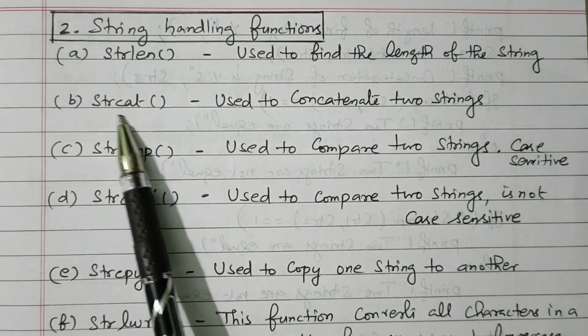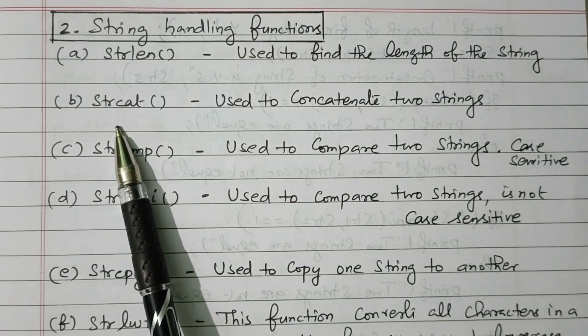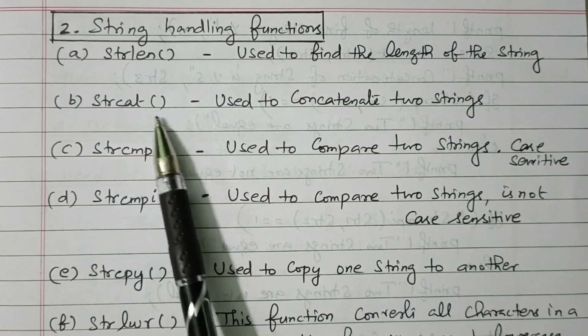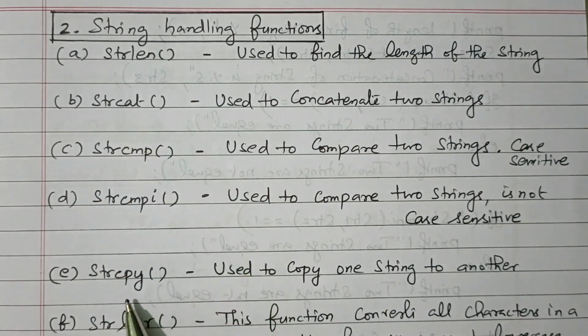But string concatenate is not like that. Both the strings are added together, not overwritten. String copy means the content of the second string will be stored in the first string. That is the difference between string concatenate and string copy.